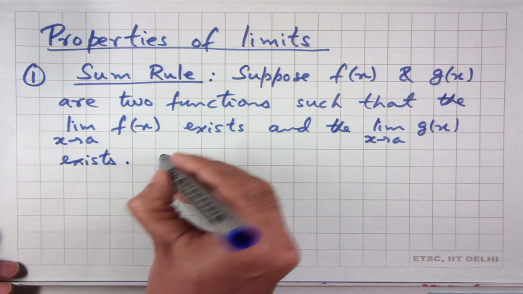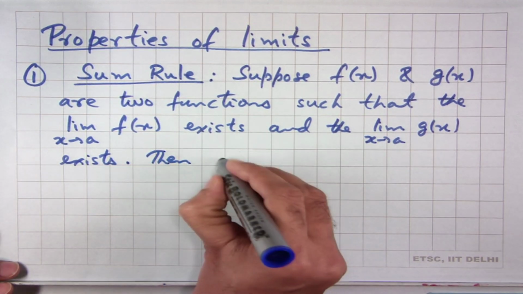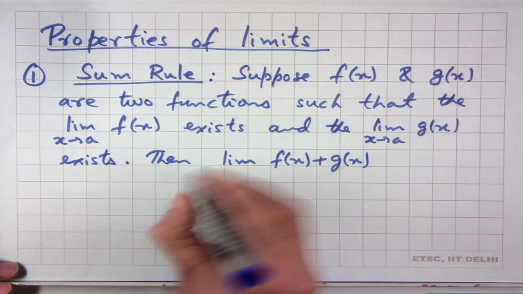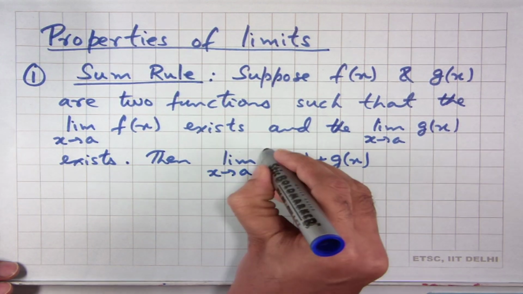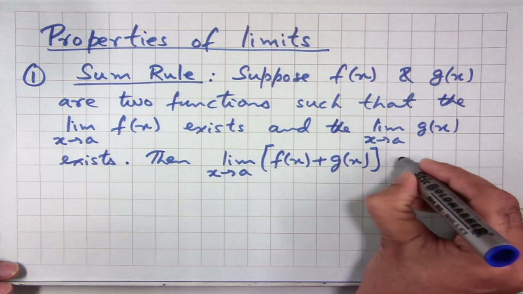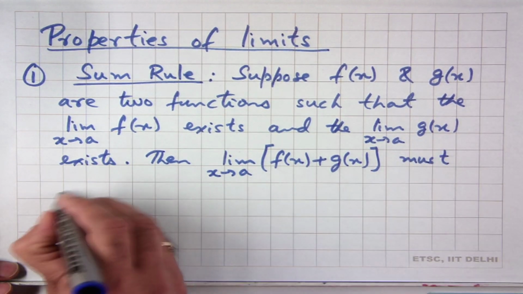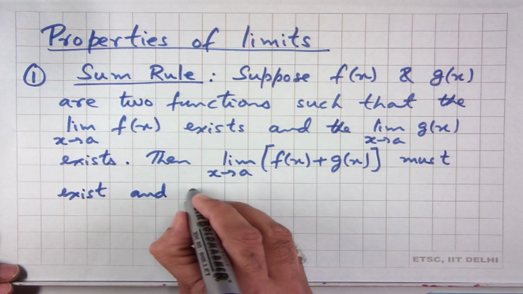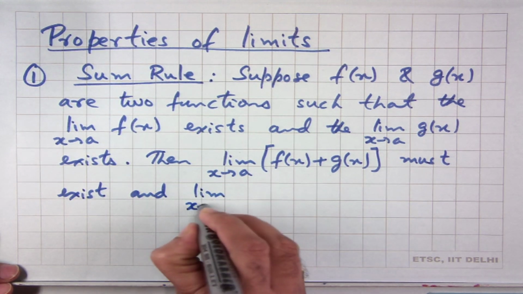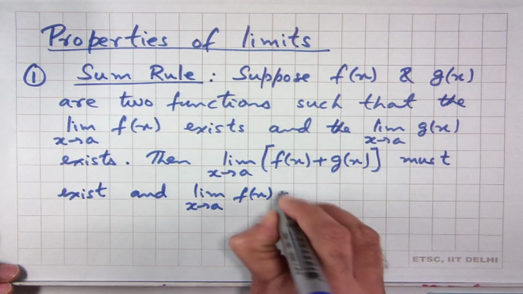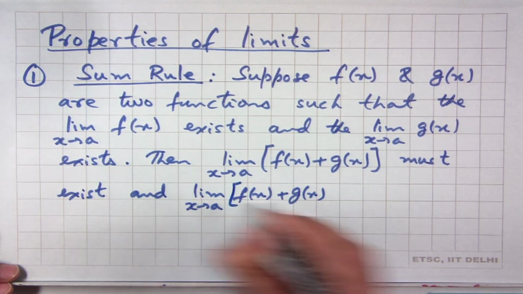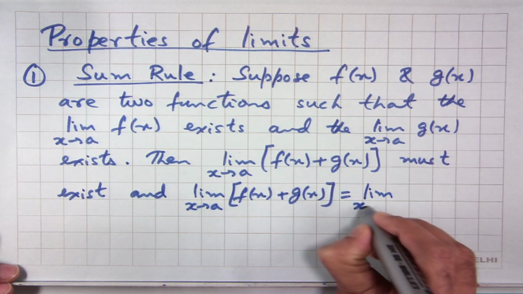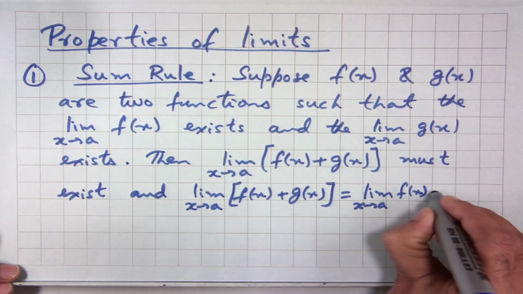Then the conclusion is that the limit of f x plus g x as x goes to a must exist and the limit is equal to the sum of the limits of f x and g x.